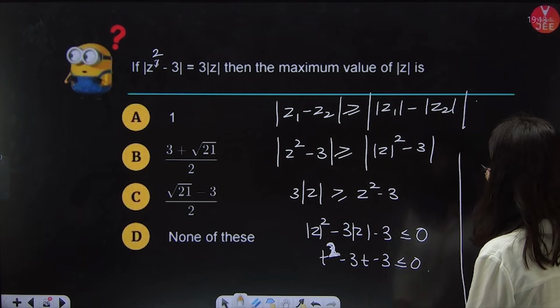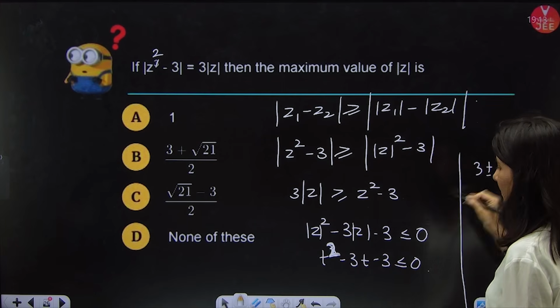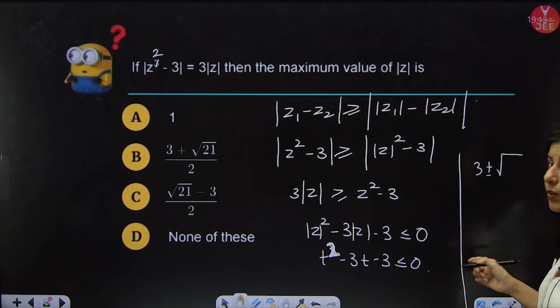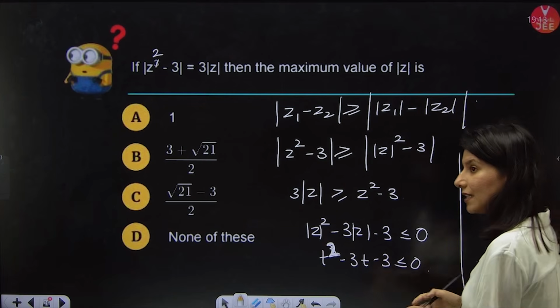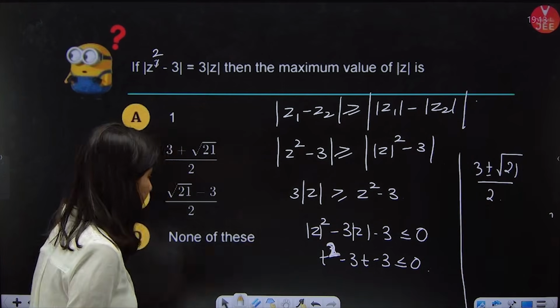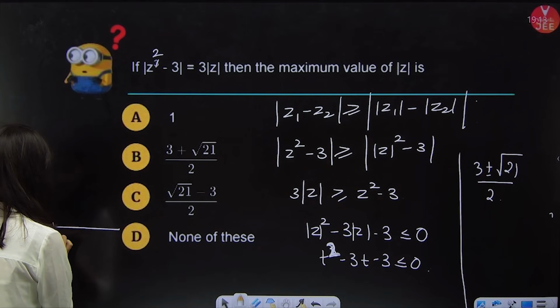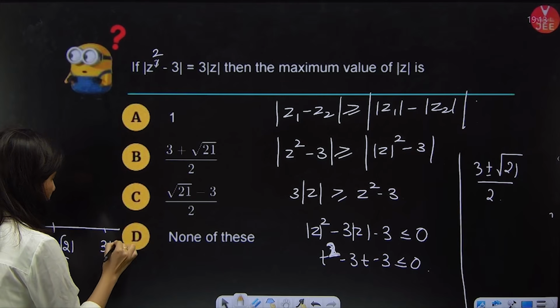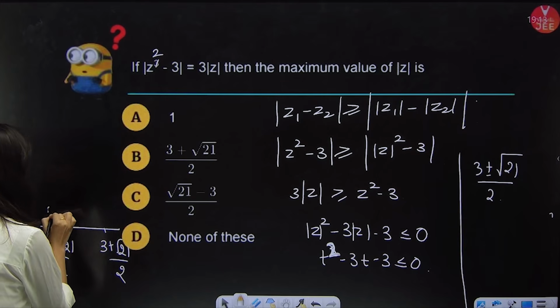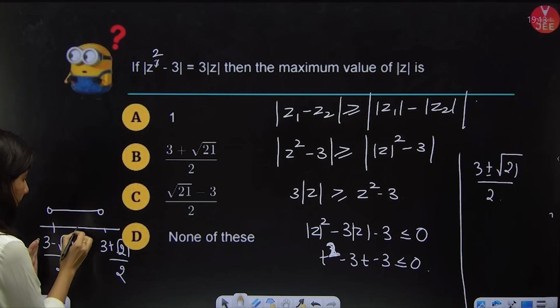So this is going to be 3 plus minus square root of b square 9 plus 4 3s are 12, 12 plus 9 is 21, by 2. Understand? t is always positive. So this is saying that this is 3 minus root 21 by 2 and 3 plus root 21 by 2, and this is your wavy curve. But this is a negative quantity. Here it is 0.